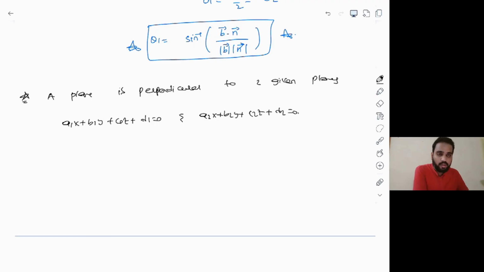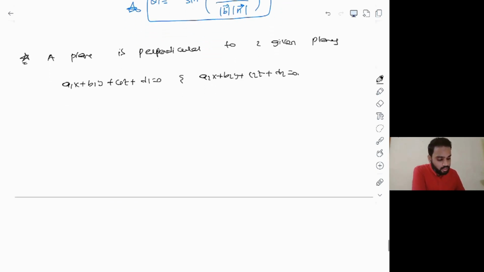Okay. Now the concept is very important here because it's one of the frequently asked questions. They will simply say that there is a plane which is perpendicular to two given planes. Okay. Now you need to understand the concept here.